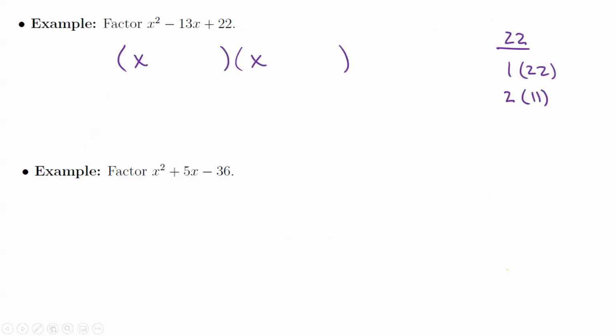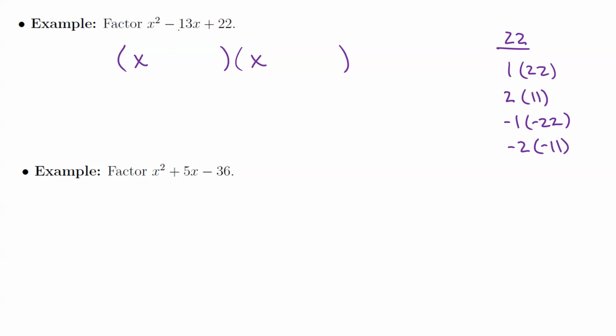So, of course, adding two negatives wouldn't work. But now that I do, in fact, want to make a negative in the middle term, it's absolutely appropriate to be thinking about the fact that -1 times -22 would also do the trick, and -2 times -11 would do the trick.